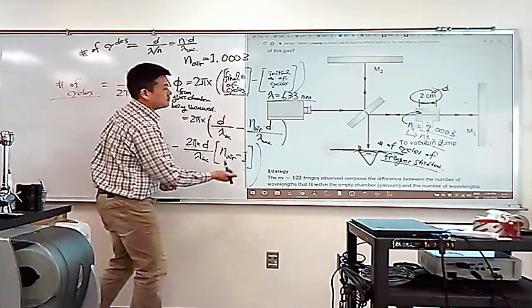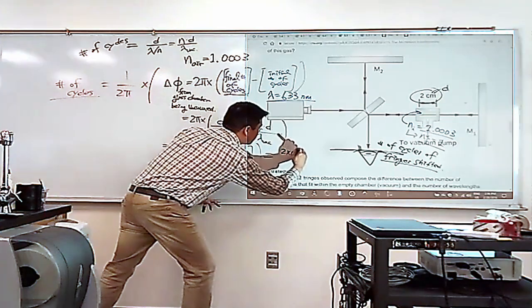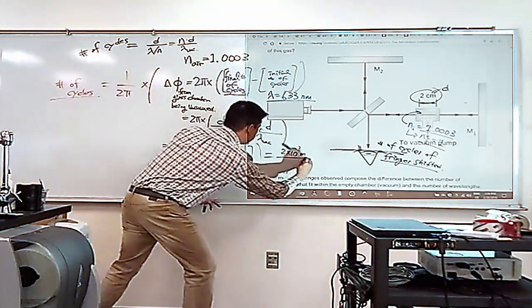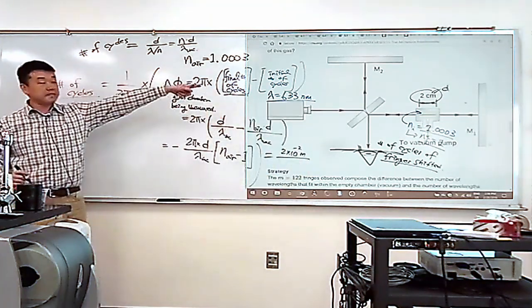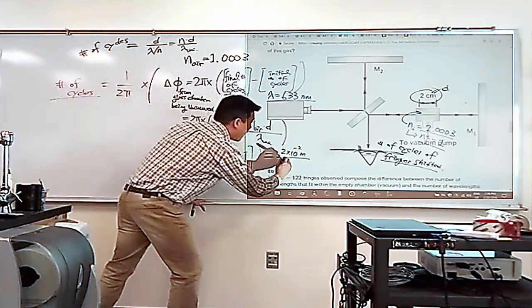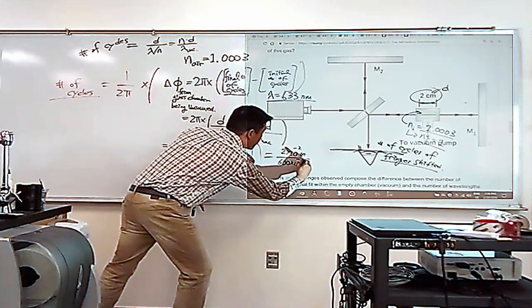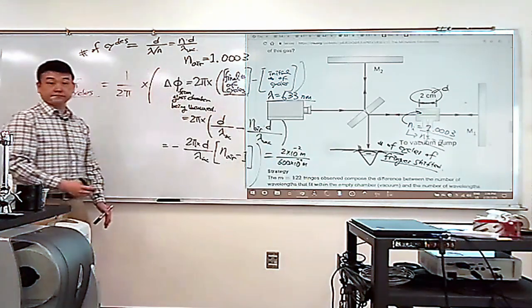So d is 2 centimeters, or 2 times 10 to the minus 2 meters. Lambda is 633 nanometers, but I'm just going to use an approximate number, about 600 times 10 to the minus 9 meters.